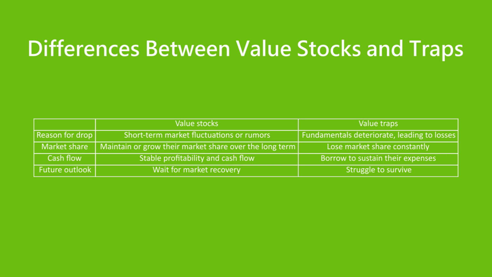Value stocks typically maintain or grow their market share over the long term, whereas value traps consistently lose market share. Value stocks possess stable profitability and cash flow, while value traps continually borrow to sustain their expenses. Value stocks can afford to wait for market recovery, while value traps can only struggle to survive.